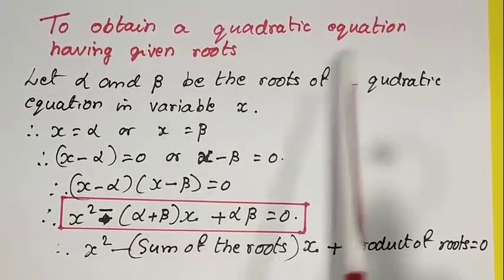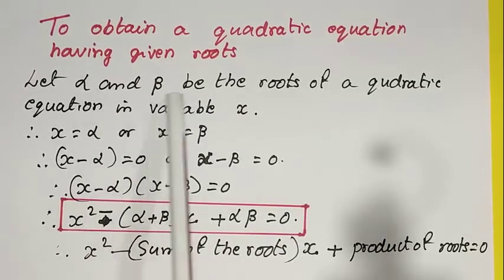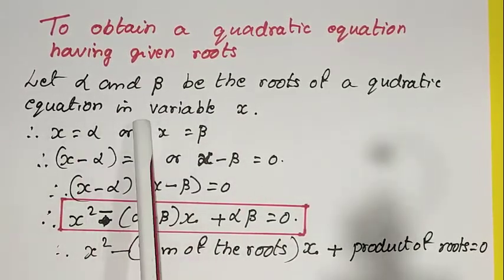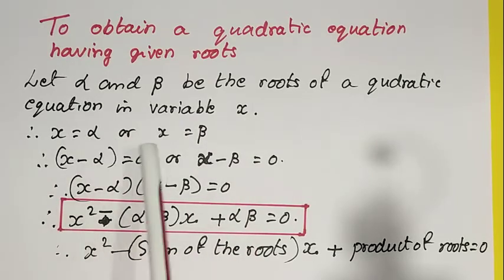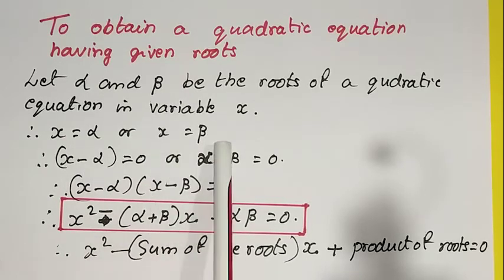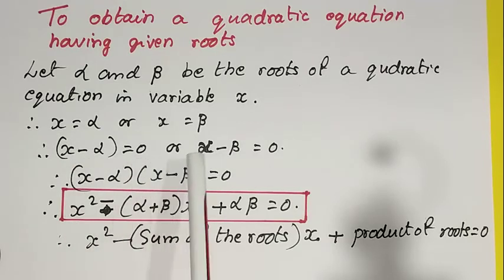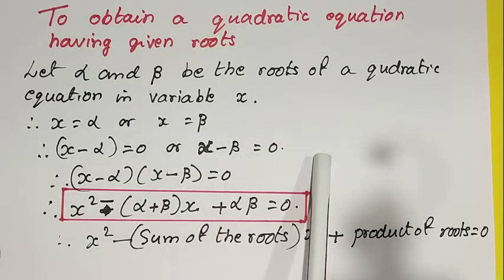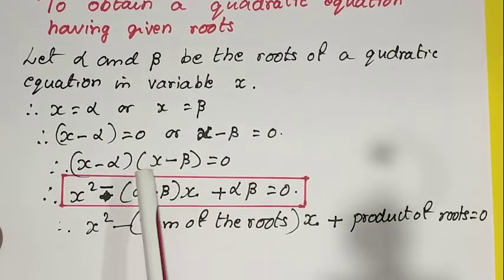To obtain a quadratic equation having given roots, let alpha and beta be the roots of a quadratic equation in variable x. If one root is alpha and the other root is beta, that means x is equal to alpha or x is equal to beta. Therefore, x minus alpha equal to 0, x minus beta equal to 0. Since each is equal to 0, their product is equal to 0.